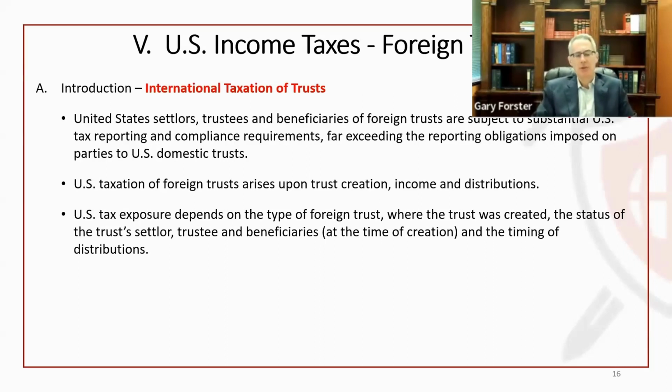In terms of foreign trusts, you're basically looking at creating an entity that is going to be taxed independently. It's considered a non-citizen, non-resident for estate and gift and income tax purposes.